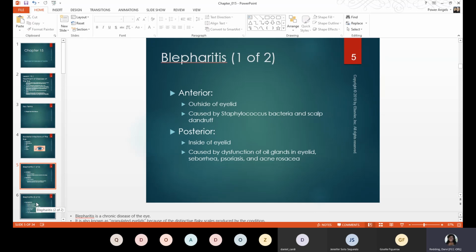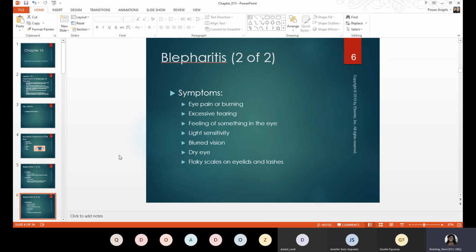Some of the symptoms of blepharitis would include a person experiencing some eye pain or even burning in the eye. They could have some excessive tearing. They can have a feeling that something's in their eye. Their eyes can have some light sensitivity and some blurred vision. They might even experience some dry eye.